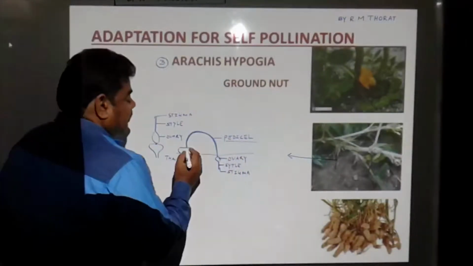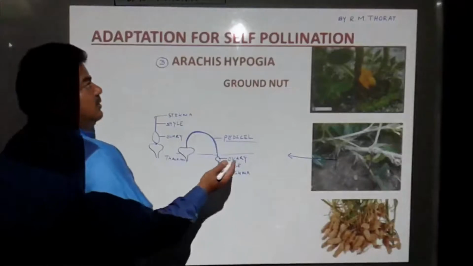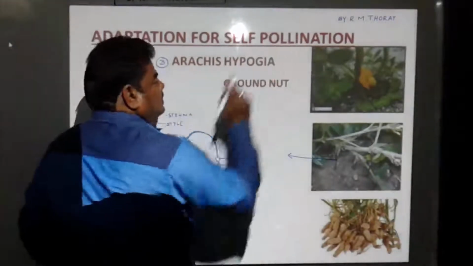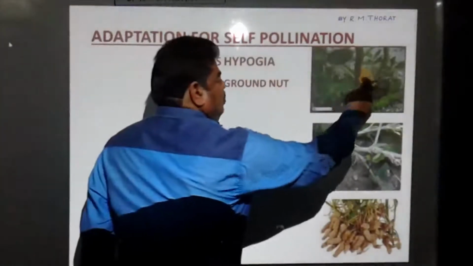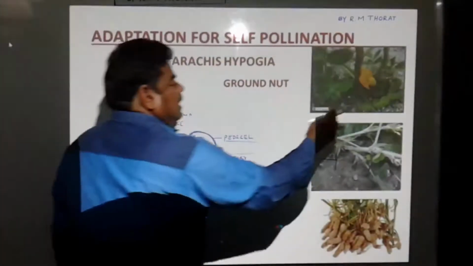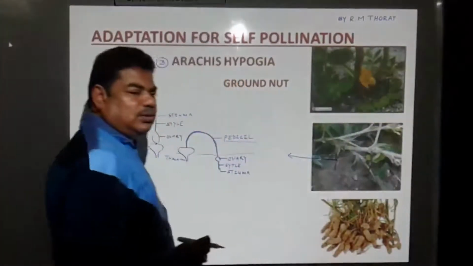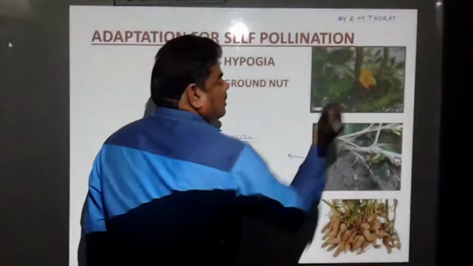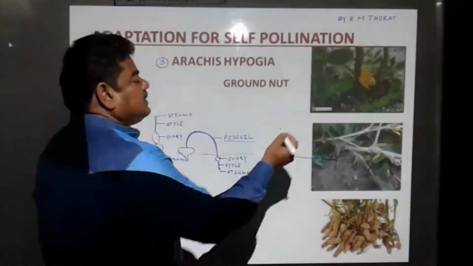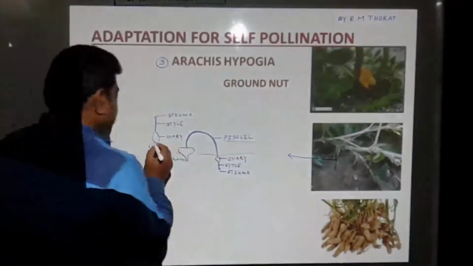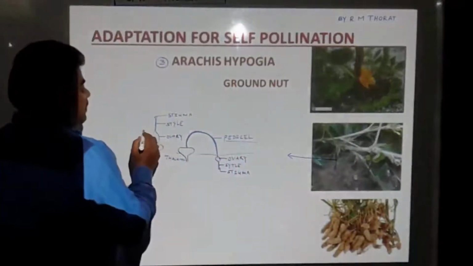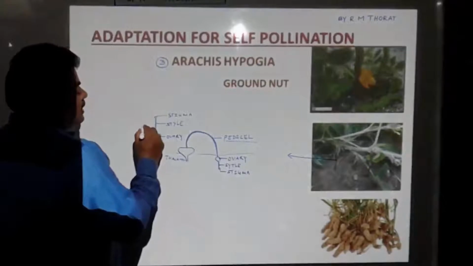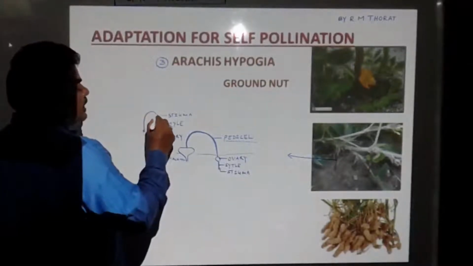And the pollination, that is the self-pollination, takes place here only, at the aerial portion. This flower is a bisexual flower, and there is a transfer of pollen grains from a mature anther lobe to the receptive stigma of the same flower.